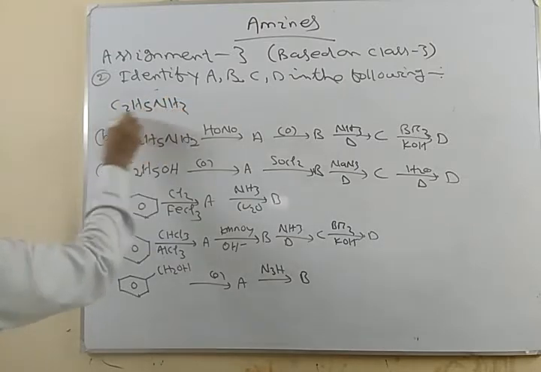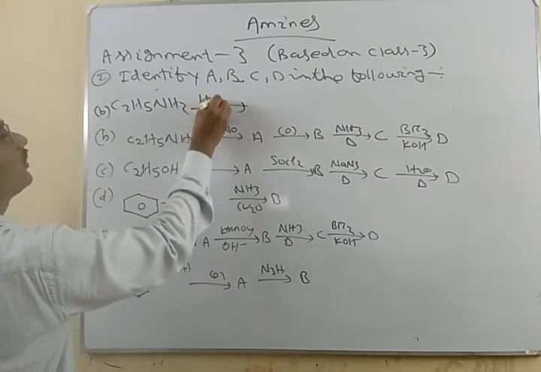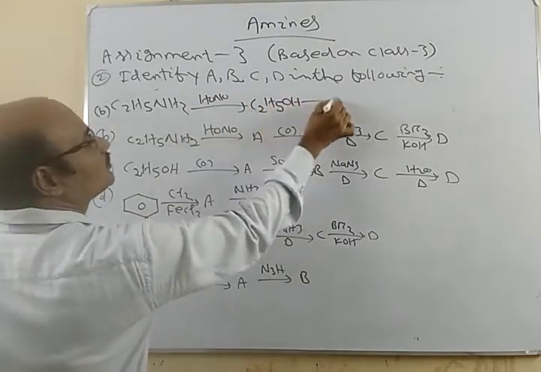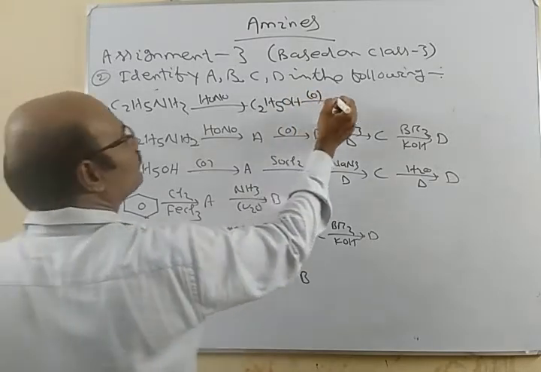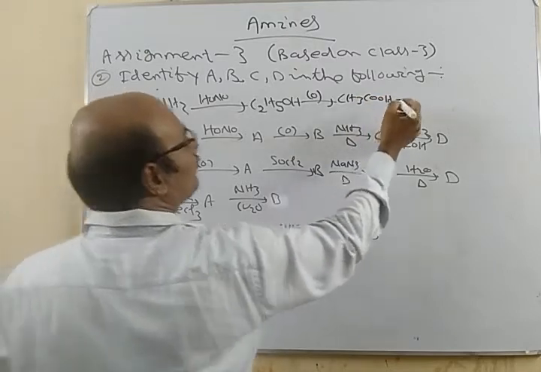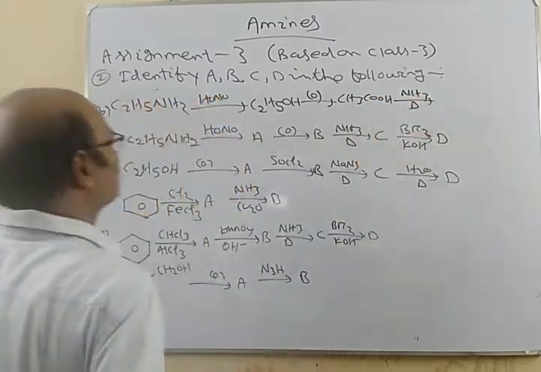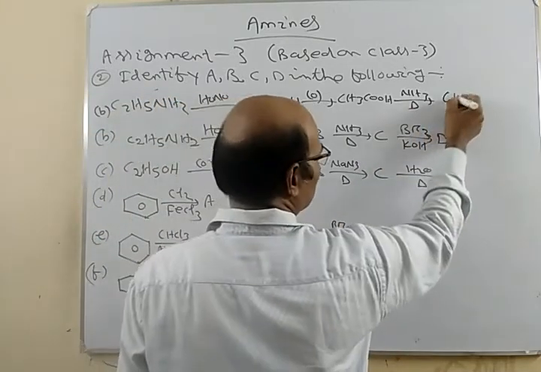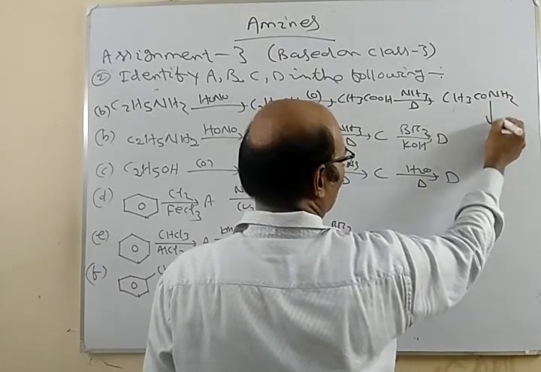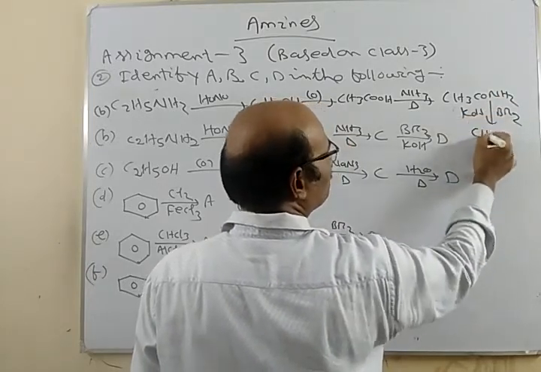Okay, so I write C2H5NH2, HONO gives your C2H5OH. Then oxidation gives CH3COOH. Then ammonia, heat, gives CH3CONH2. Then Br2/KOH gives CH3NH2.